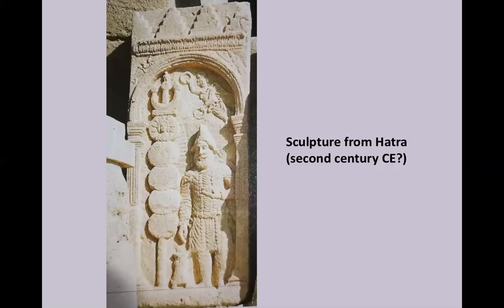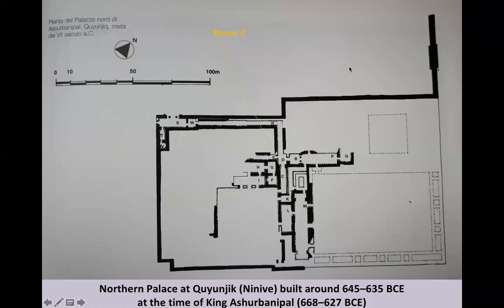Now, next slide, please. I would like to call your attention to the Neo-Assyrian capital, Nineveh, where we have some very interesting reliefs, which are now preserved in London, as you know.